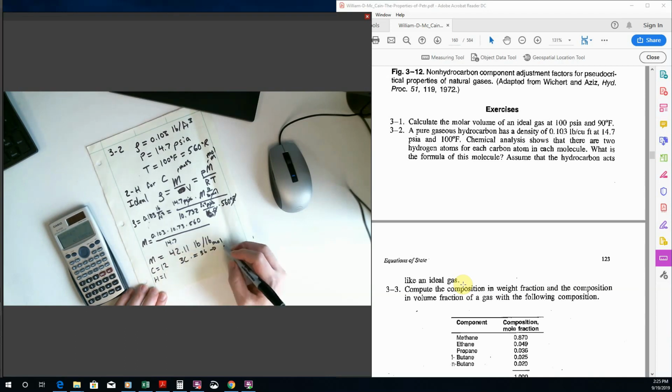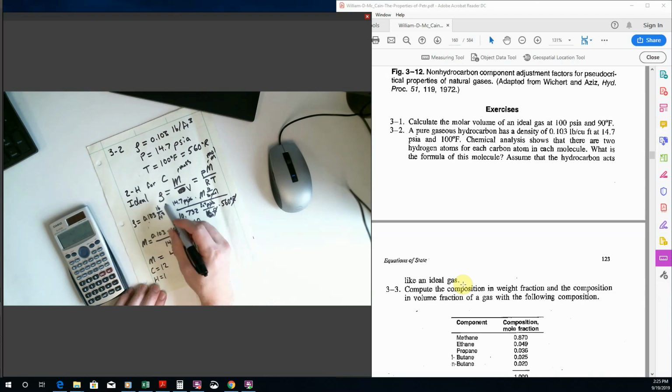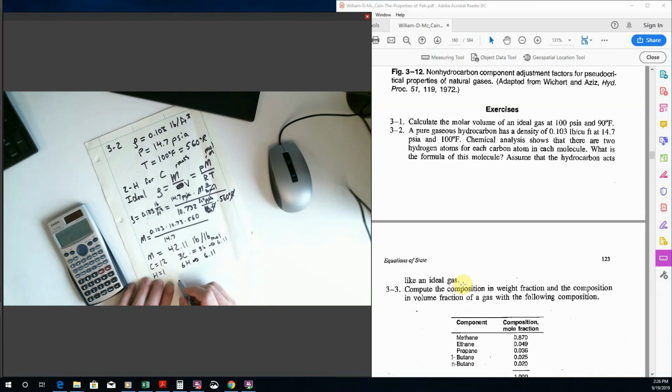That leaves 42 minus 36, which is 6 and change. So that gives us 6 hydrogens, which is what we were saying up here. We have 2 hydrogens for every carbon, so 3 carbons, 3 times 2 is 6 hydrogens.